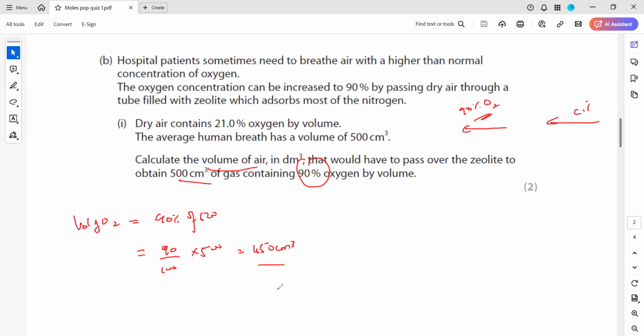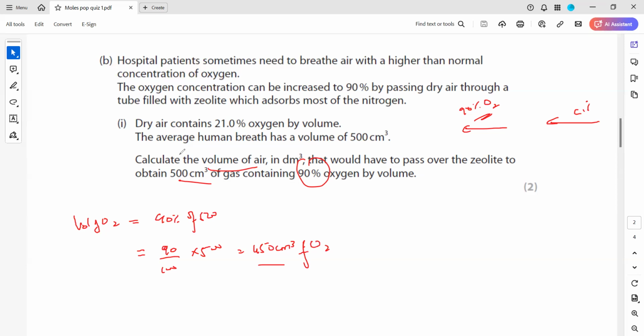So a patient needs 450 cm3. At the last, we can convert the answer into dm3. Instead of converting at the beginning, you can convert at the last. It won't make a difference to the final answer. So we need 450 cm3 of oxygen.